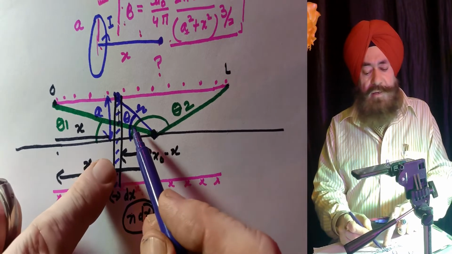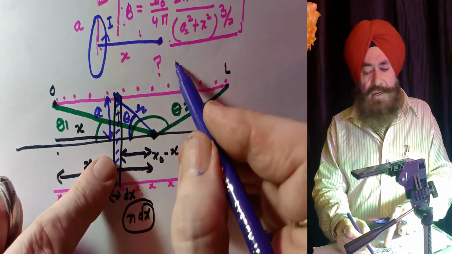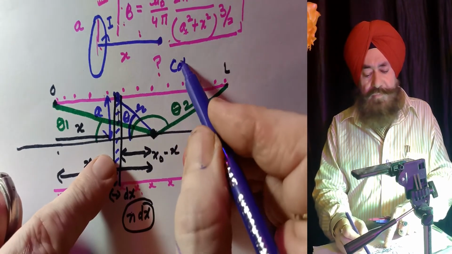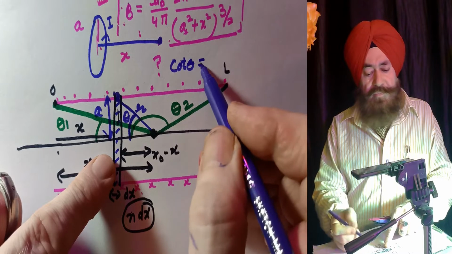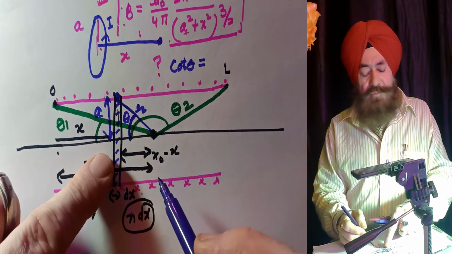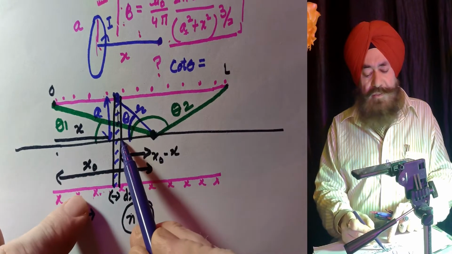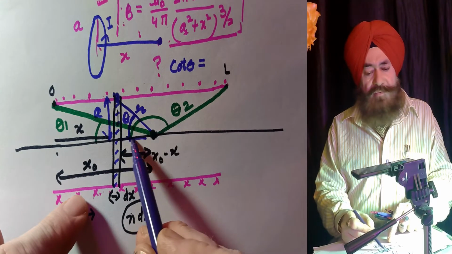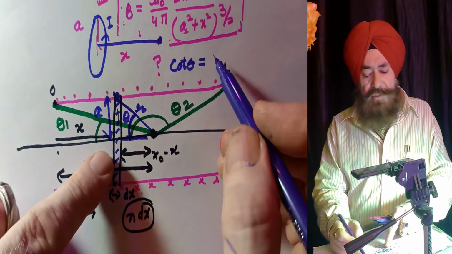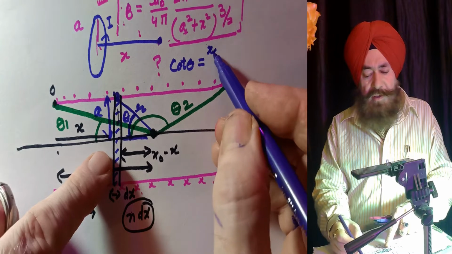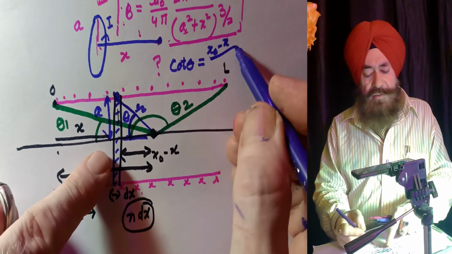Now writing here the cotangent theta. It is base over perpendicular. And what is the base? This is the baseline. It is x naught minus x.